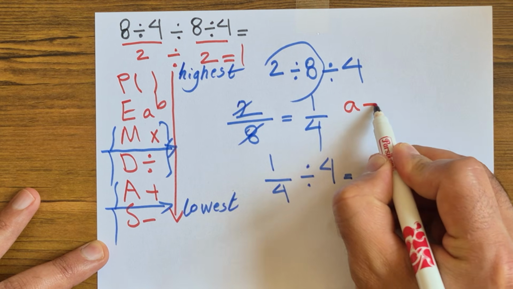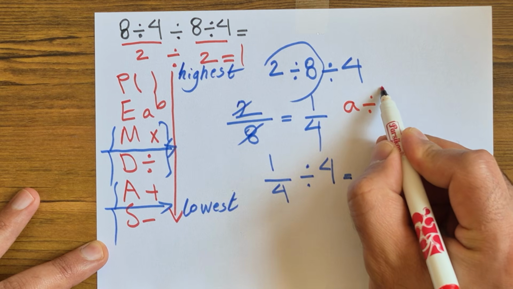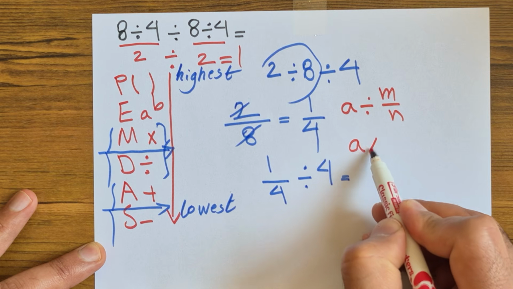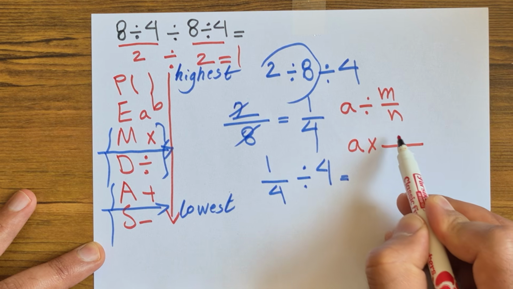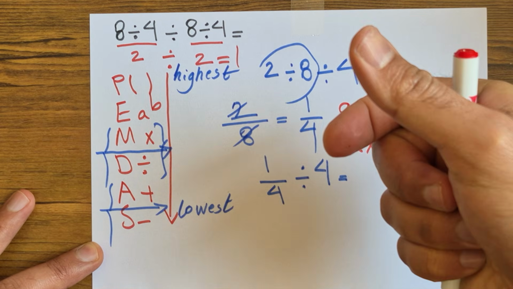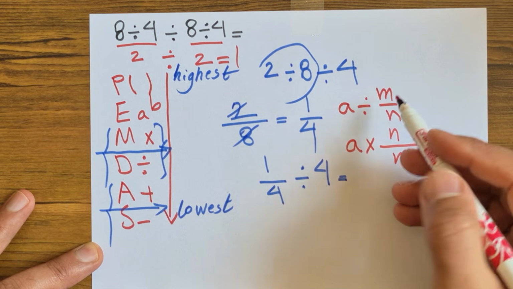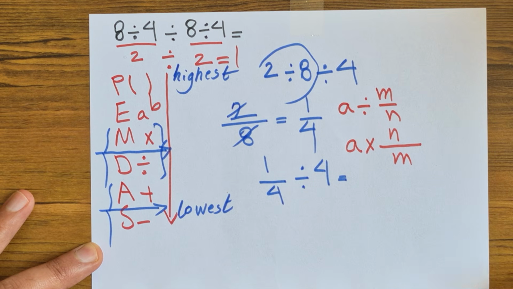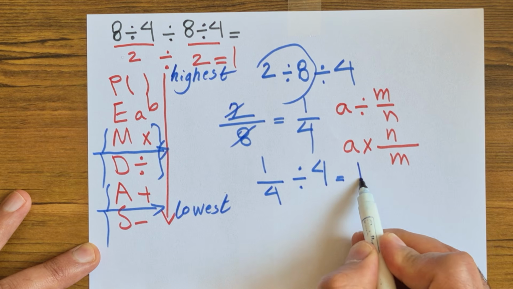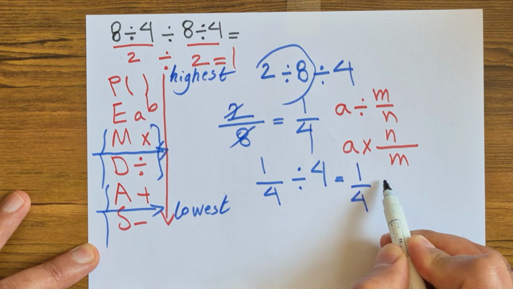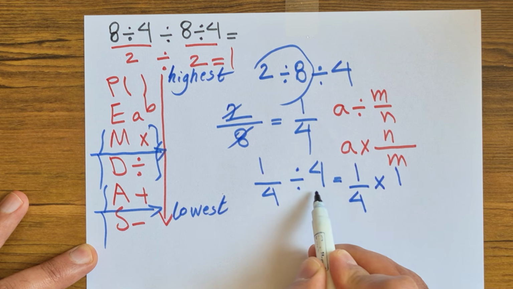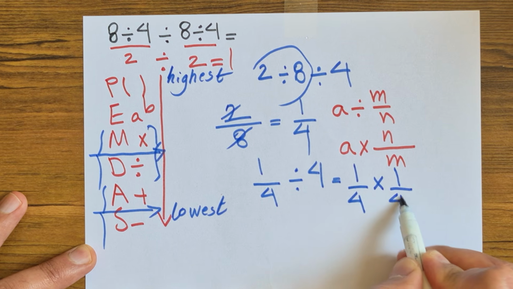If you want to divide a number by a fraction, let's say by m over n, you can change the sign into multiplication and reciprocate the fraction. In simple terms, flip the upper side and the lower side of the fraction and turn it into multiplication. So 1/4 divided by 4 is the same thing as 1/4 times the reciprocal of this number, which is 1/4.